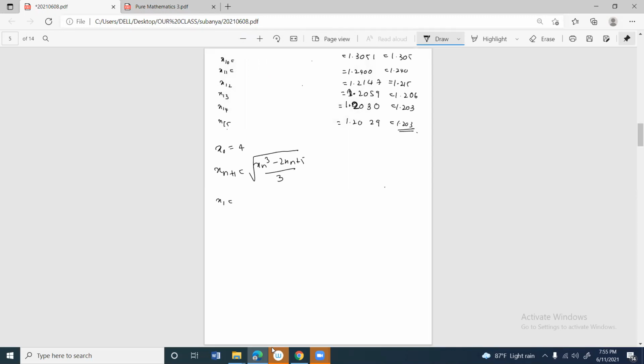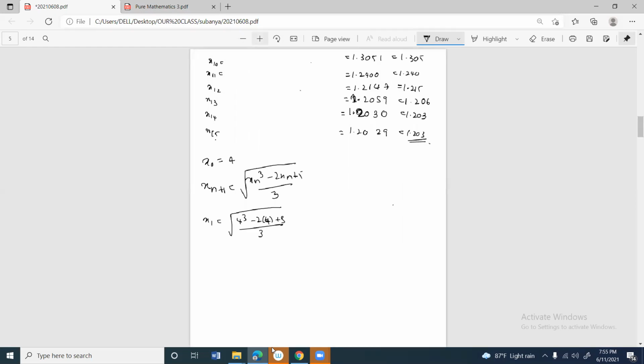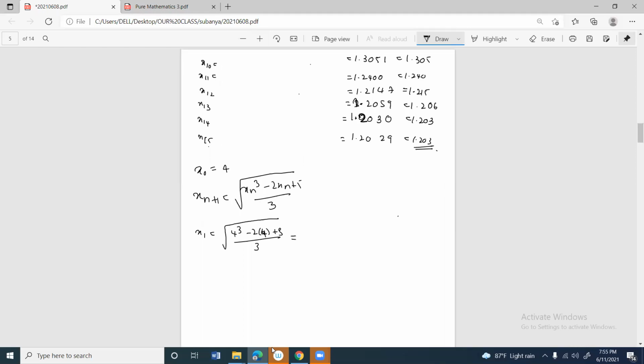We'll start with x1. x1 is equal to the square root of (4 cubed minus 2 times 4 plus 5) divided by 3. Just put these figures in.